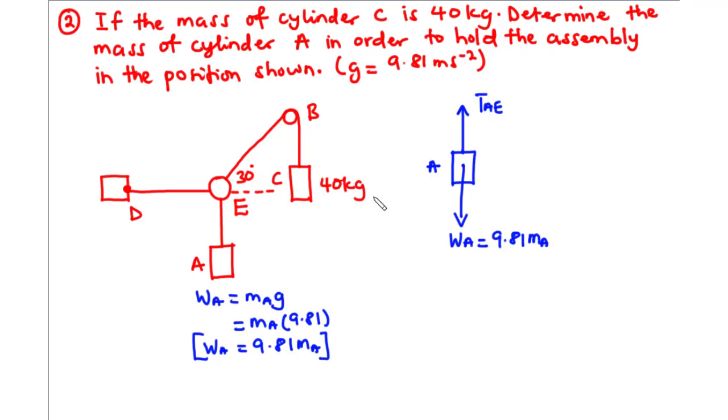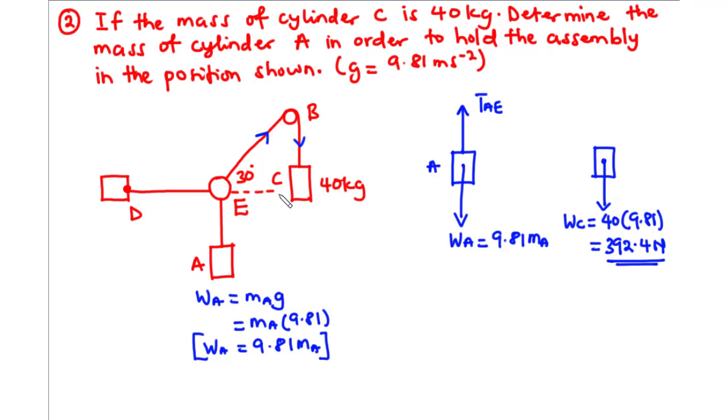Now let's focus on cylinder C. For cylinder C, we have the mass to be 40 kilograms. So the weight of cylinder C becomes 40 times 9.81, and that is equal to 392.4 newtons. Now at B, there is a pulley. The weight of cylinder C pulls this rope downwards, which exerts a tensional force equal to the magnitude of the weight of cylinder C in this cable.